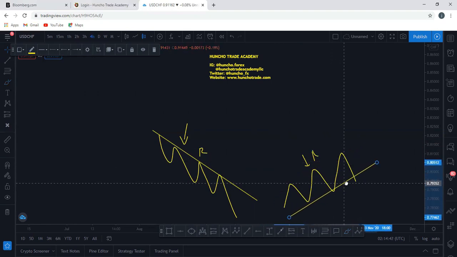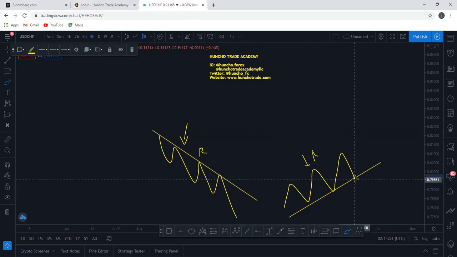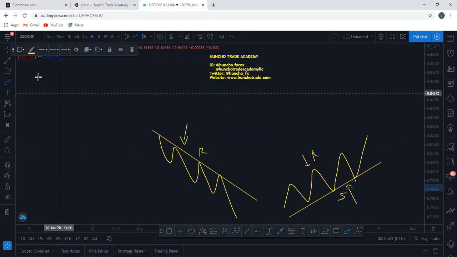So we're talking about a downtrend market here. Then price shoots to the upside. Are you getting me? So it's acting as a support here. You understand? So trend line is acting as a support zone here, while it's acting as a resistance zone here.